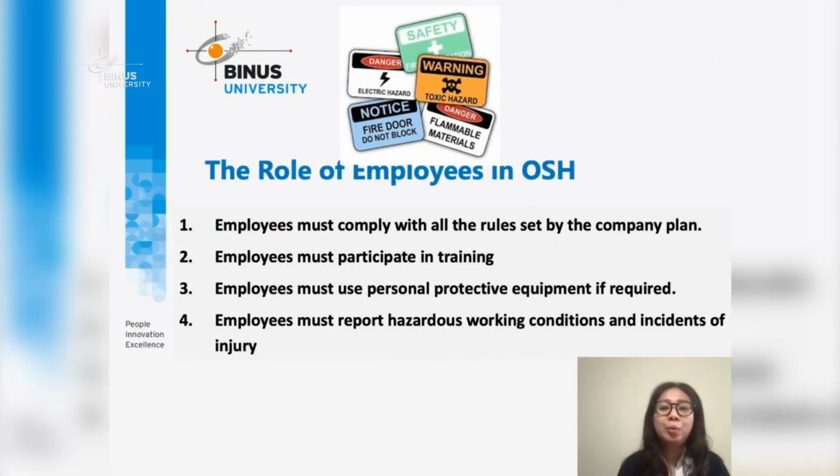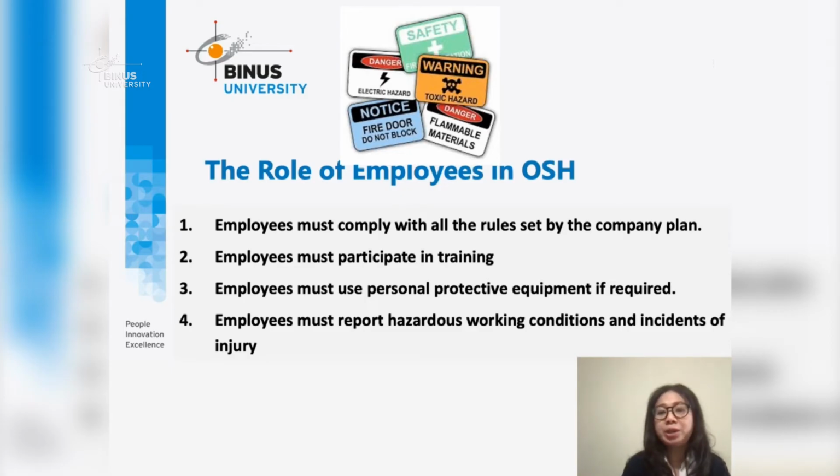Employee must comply with all rules set by the company, which are stated in the Occupational Health and Safety Plan. Employee must participate in training activities for occupational health and safety. Employee must use personal protective equipment if required.